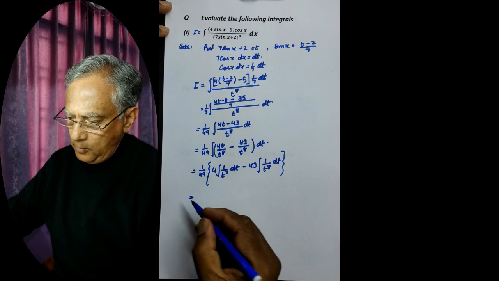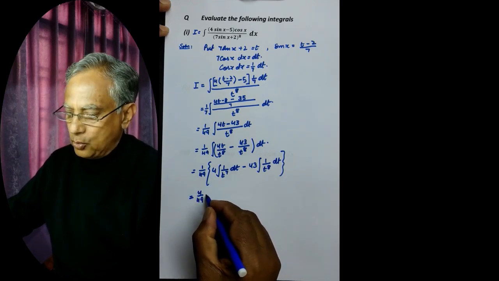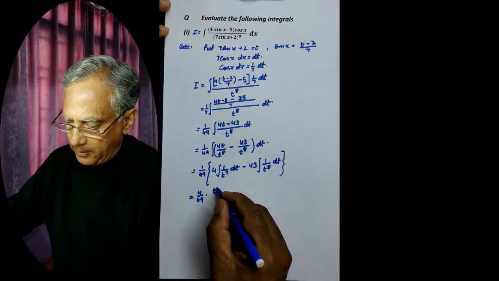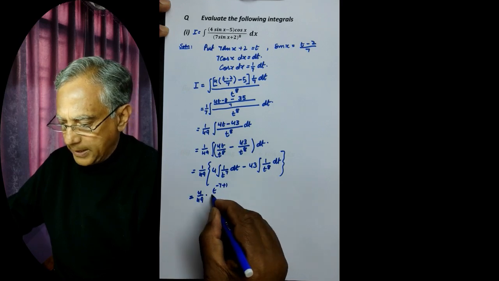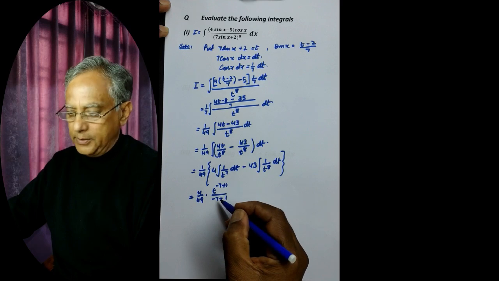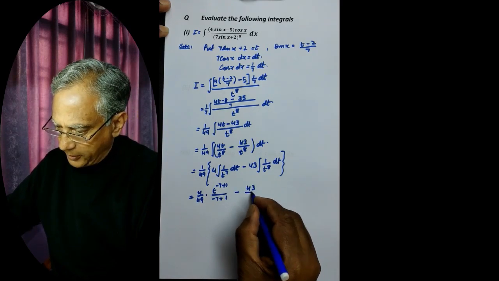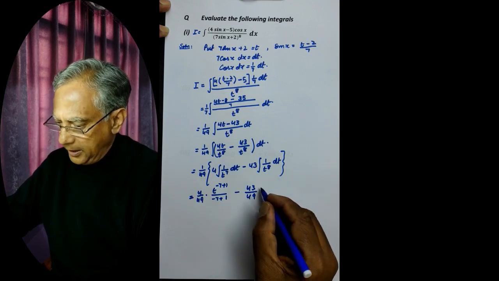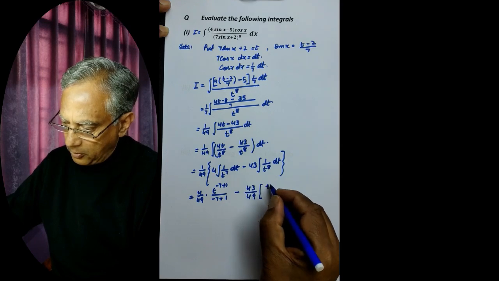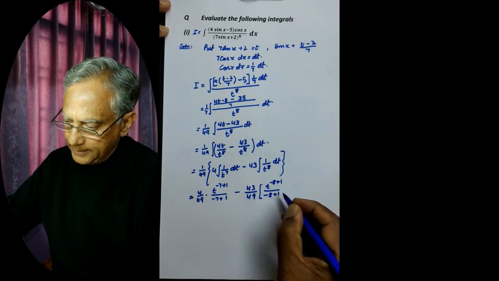And this is equal to 4 by 49 into t to the power of minus 7. So the integration of this will be t to the power of minus 7 plus 1 over minus 7 plus 1. And this will be minus 43 by 49 into the integral of t to the power of minus 8, which will be t to the power of minus 8 plus 1 over minus 8 plus 1.